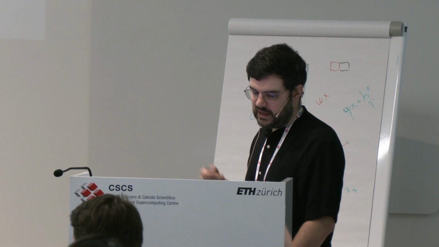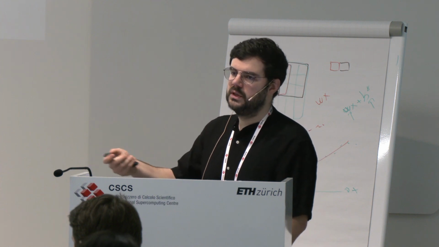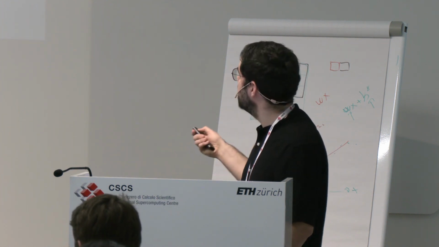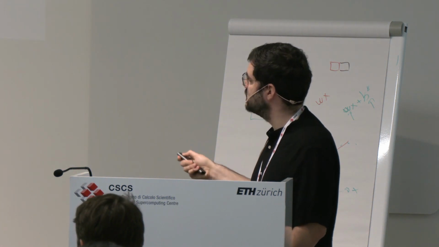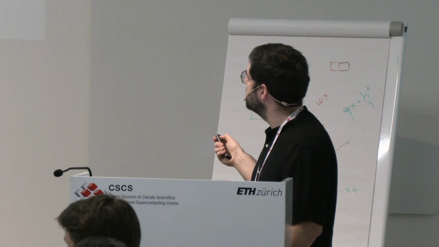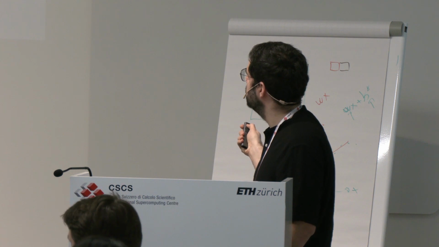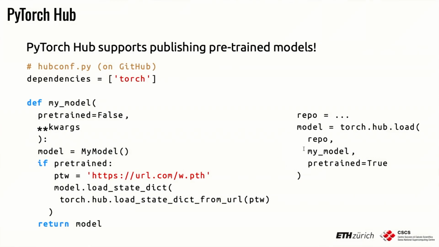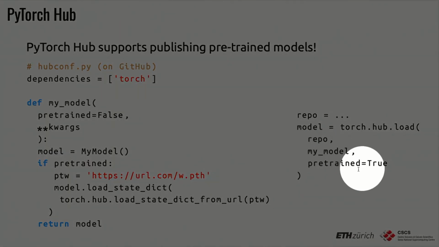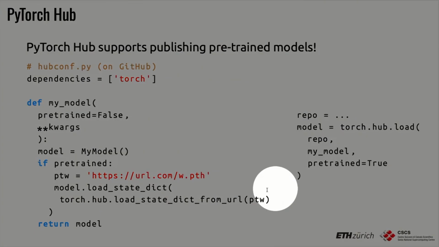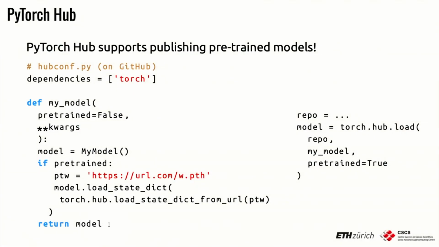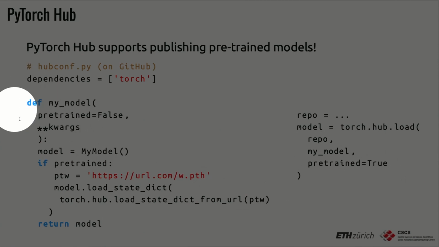So this is a very nice way of making your model that you have on GitHub available to everyone else. Because then, if your repo has this file and this definition, you can essentially just do torch.hub.load, give the path to the repo, and then the name of the model, which is essentially which function to call that returns a model, and then the parameters to pass to this function.